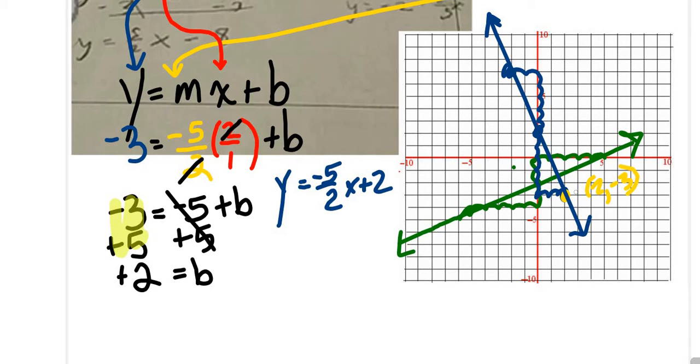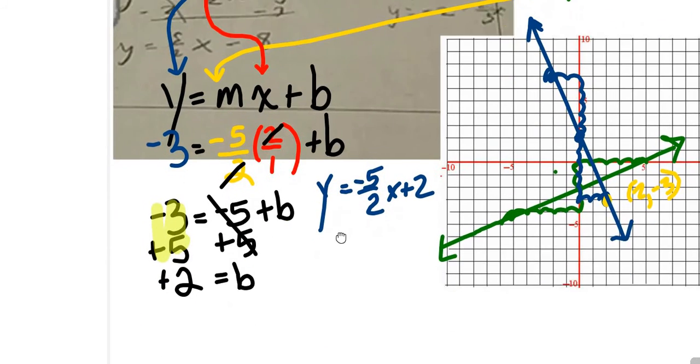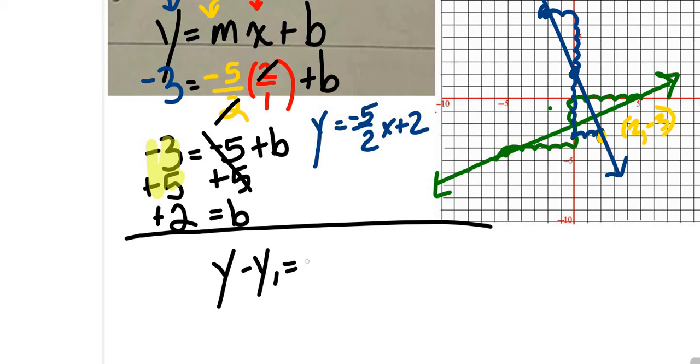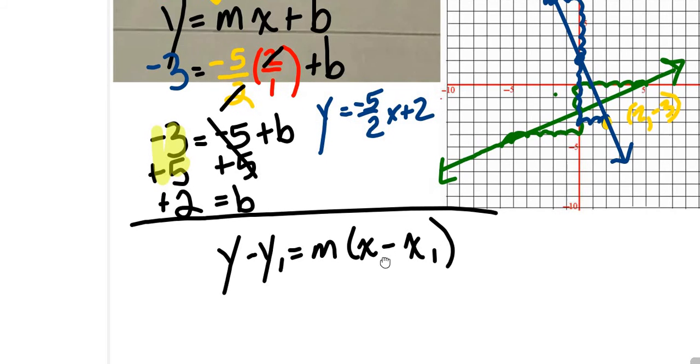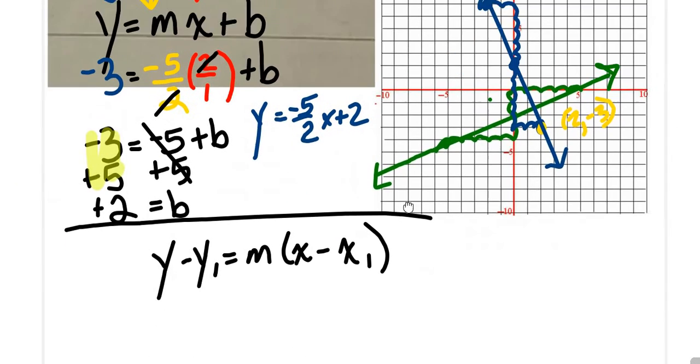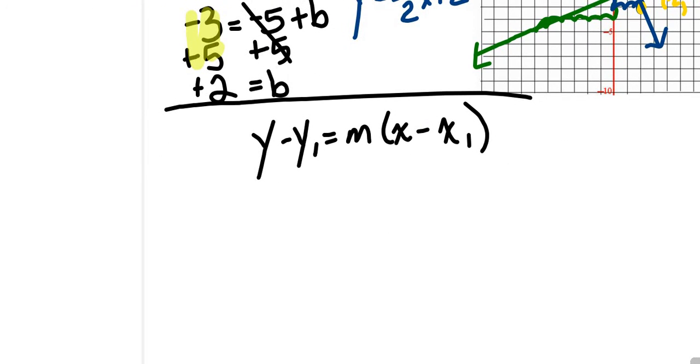All right, now just so you can see your method, it would have worked. Let me show you what your method would have been. You're working with what's called point slope form. So your method would be like this. Y minus y1 equals slope x minus x1. So in this case, your slope that you wanted to work with is negative 5/2.